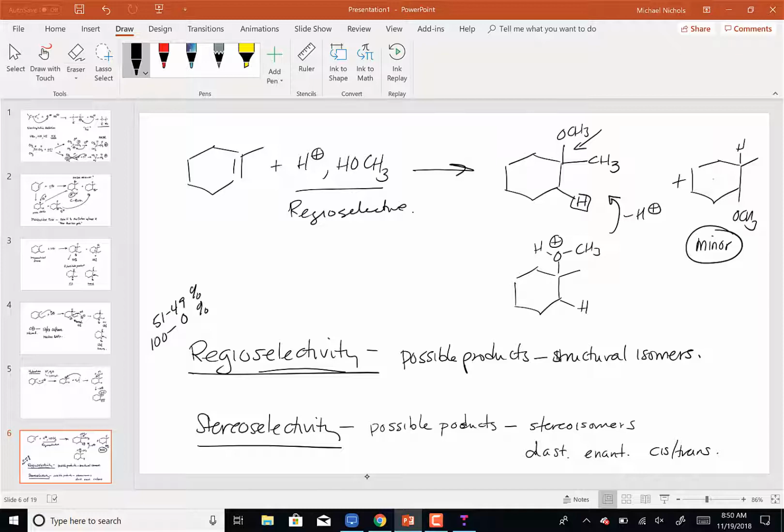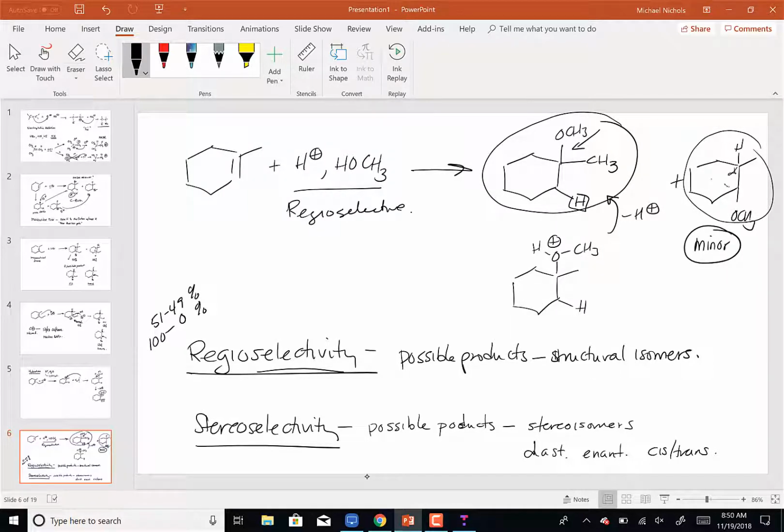And in this case, when I make this product as the major product, there's no chiral centers in that molecule. So I don't even have multiple products to select from. Over here you might say, oh, but this has two chiral centers. Okay, great.